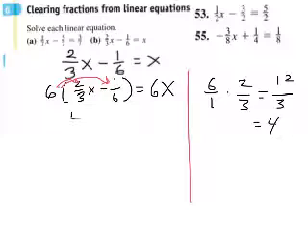So this is 4x, because we multiplied the number times the number, but don't forget about the x.